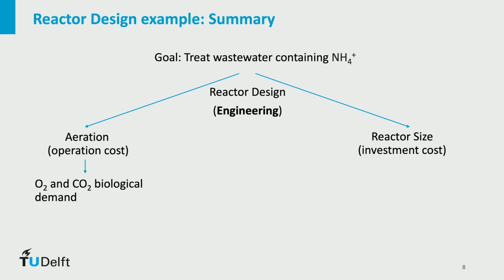To determine aeration demand, we start by calculating the biological requirements for oxygen and CO2. Then, using mass transfer calculation, we determine the actual aeration needed, which depends on the reactor size. The reactor size, in turn, depends on how fast the conversion can occur, governed by the limiting process rate inside the reactor.